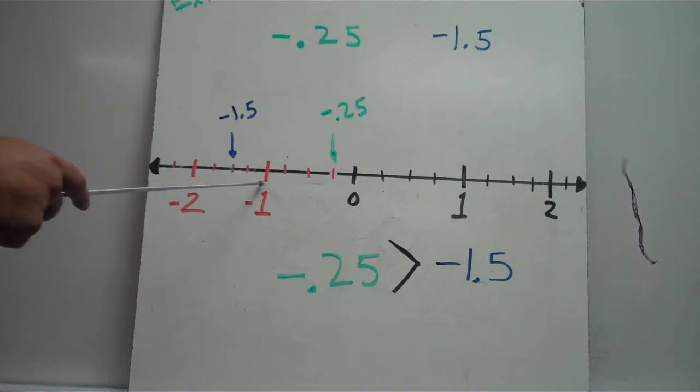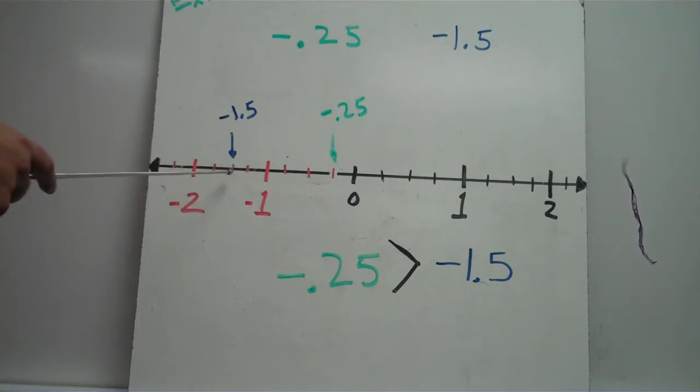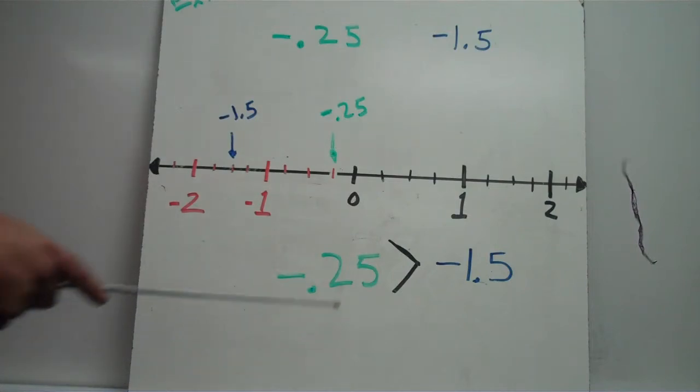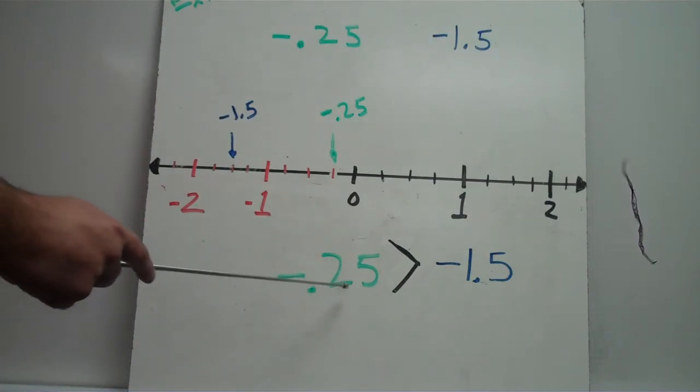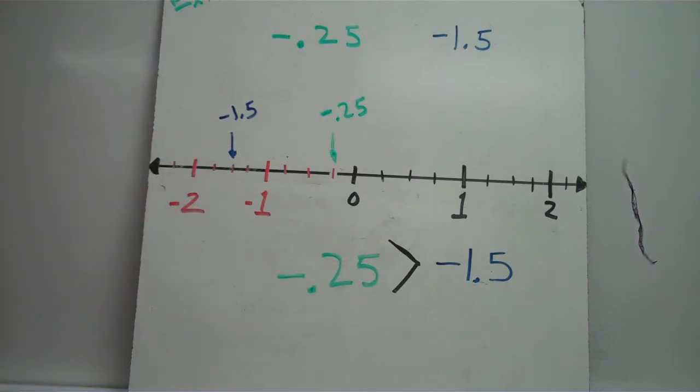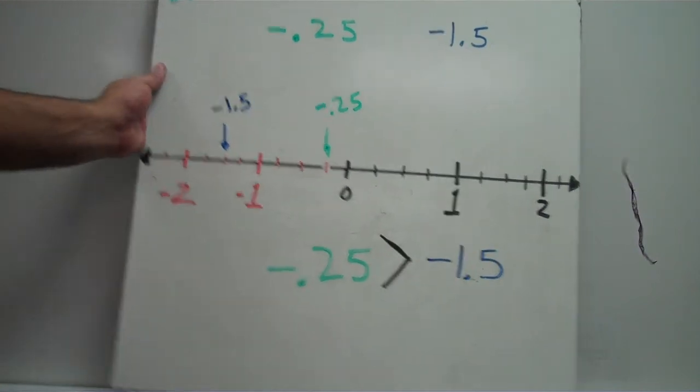Since the negative integers increase in number size going to the left, we need to plot that appropriately, and that's going to be midway between negative 1 and negative 2. Looking at these, we can see that negative 25 hundredths is closer to the right-hand side, closer to the positive integers, so negative 0.25 is going to be the larger value.